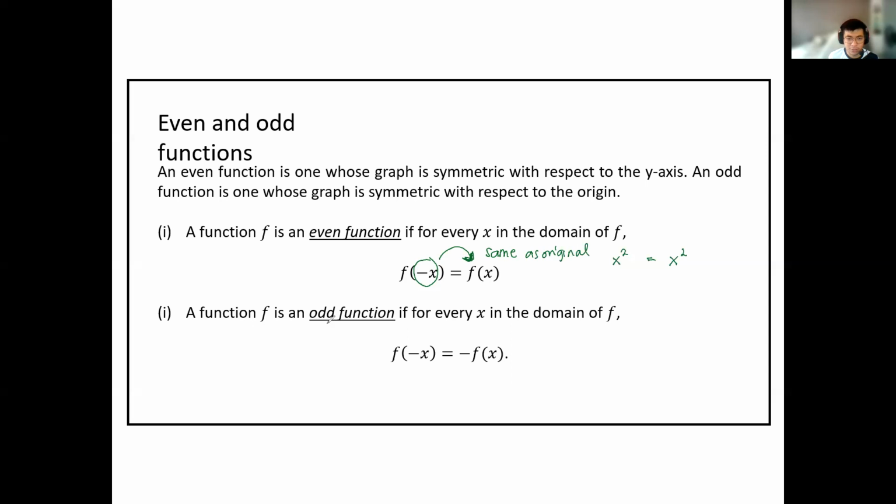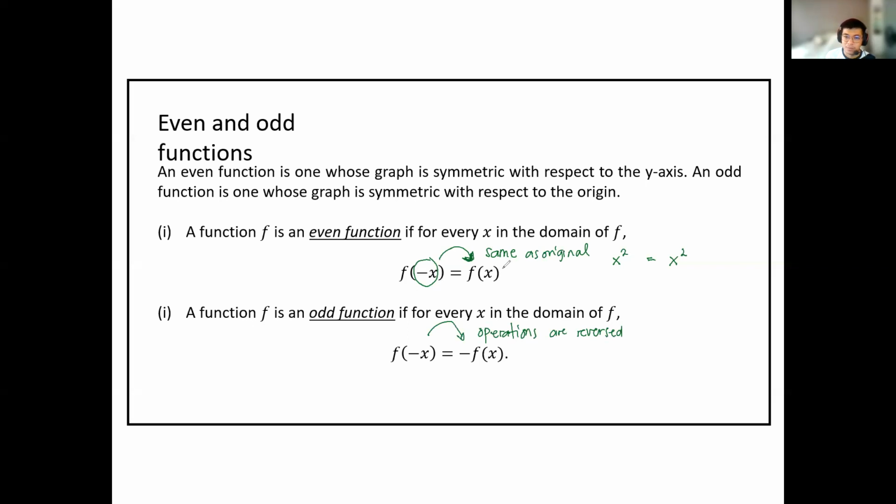Now, for odd functions, if we try to replace negative x, the answer would be a negative of the original equation, meaning the operations are reversed. So what if the equations do not meet the conditions presented here?